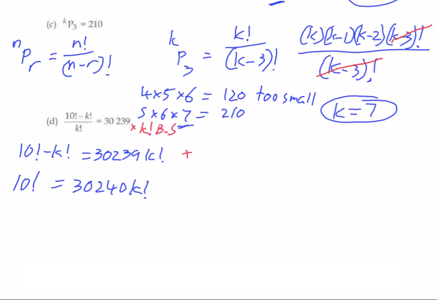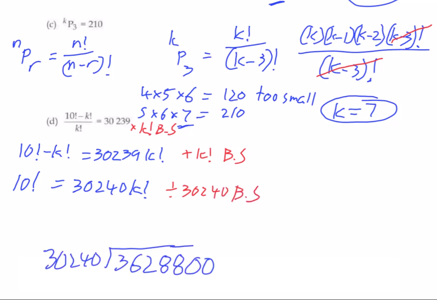The next step is just dividing both sides by 30,240. So as long as you know your 10 factorial off by heart, you can do that. Just cancel out the zeros to start off with, and then just do the short division. This gives you the answer of 120 equals k factorial, and you should be able to remember that 120 is of course 5 factorial, therefore k equals 5.